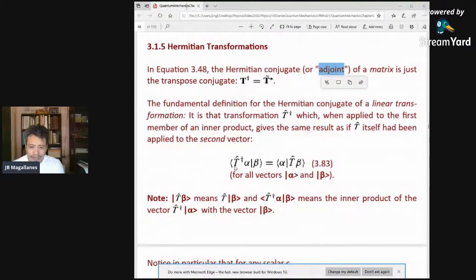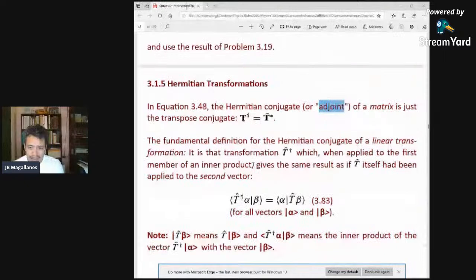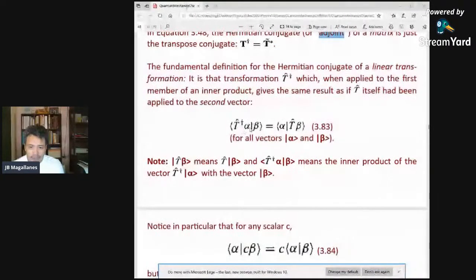The Hermitian conjugate of the transformation, by the way, T hat is represented by the matrix T, operating on a vector alpha, must be equal to the inner product of alpha times the transformation of beta.